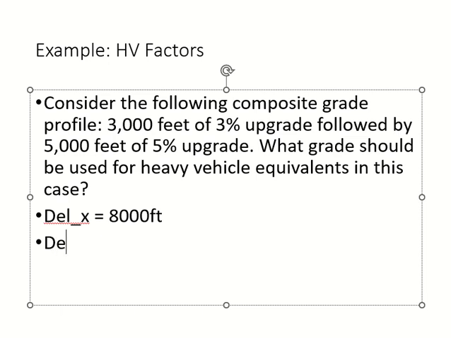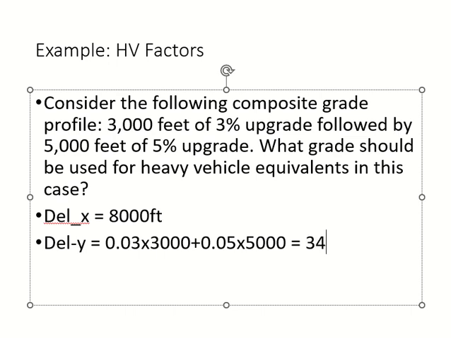For delta y, what do I do? The gradient is given, the length is given, so you can find the height. So 0.03 multiplied by 3000. How much is that?